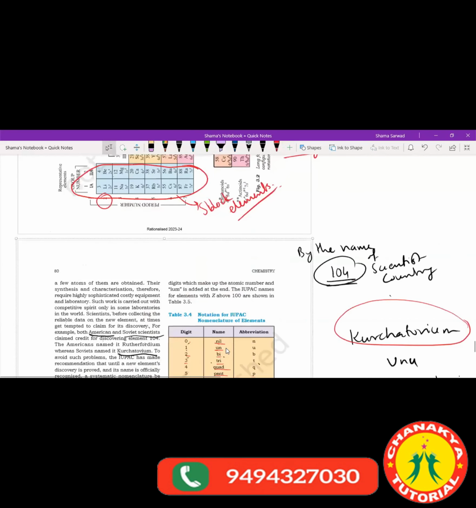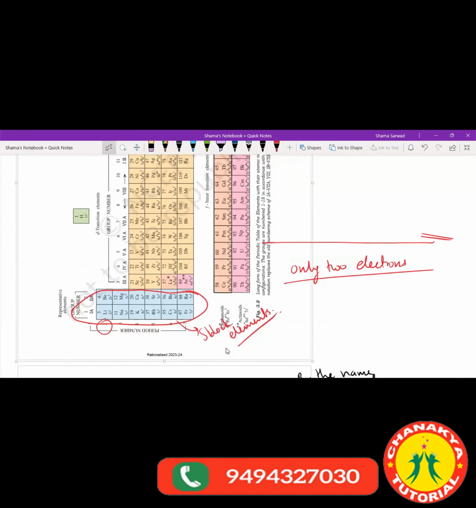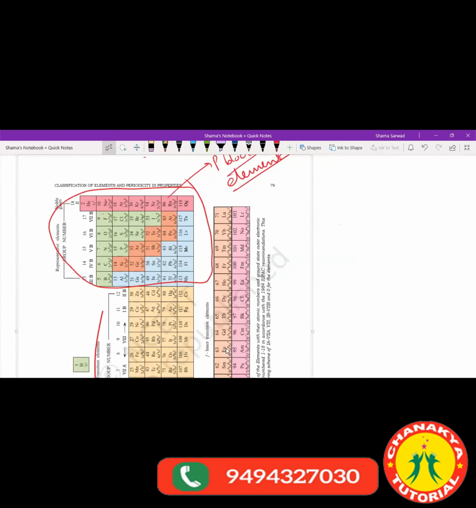But if you see these elements from scandium to zinc, these are transition metals.